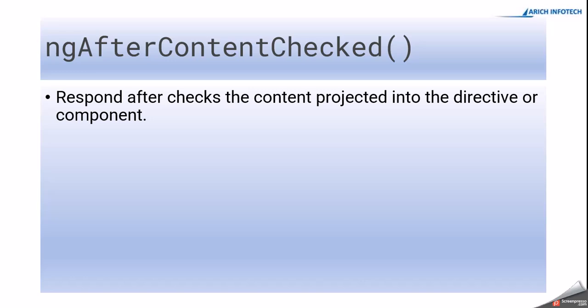Okay, for initialization. After that, ngContentChecked. After that, it will check your content, and respond after checking the content projected into the directive and component. Suppose we want to add a component in the app component, but we forget to declare and import it in the app component.